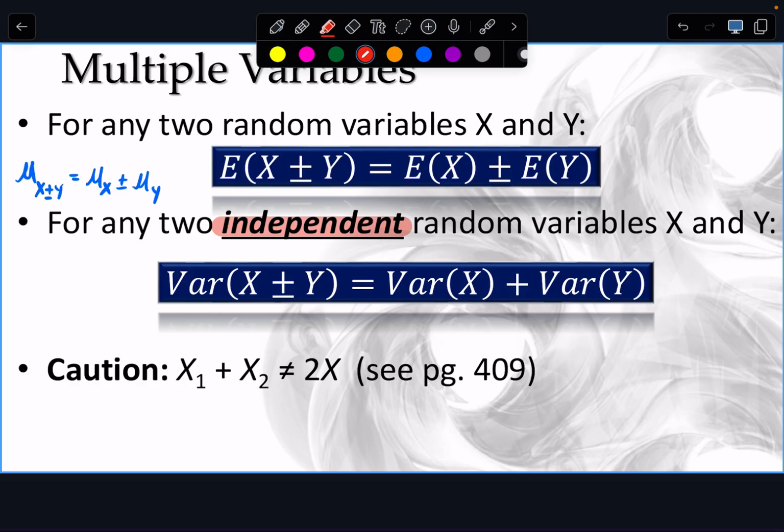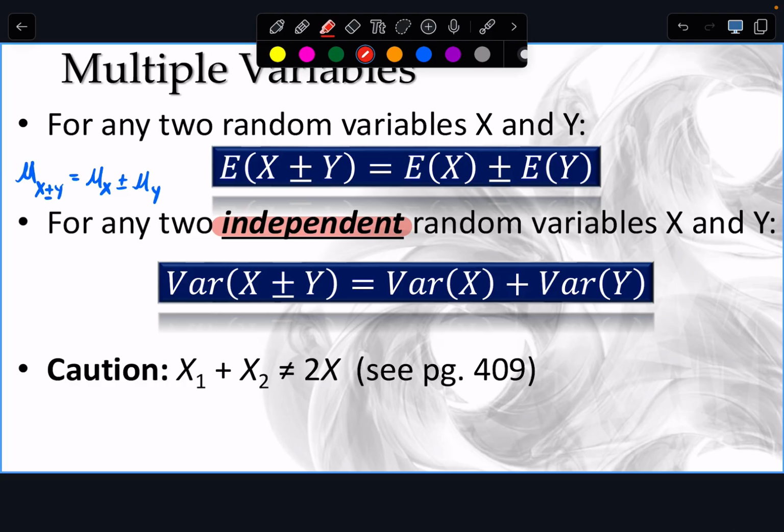And then the other thing to note is, and this is why I brought it up yesterday when we were talking about those formulas, this time when we combine these random variables, standard deviations do not combine.